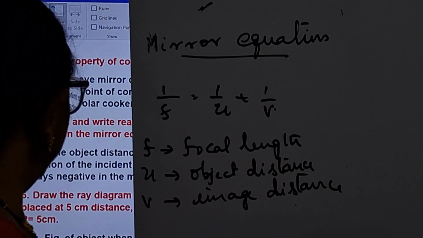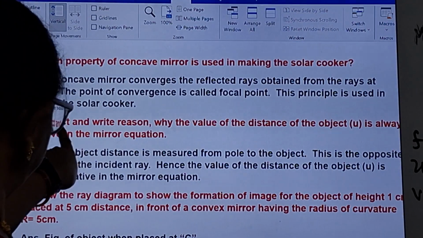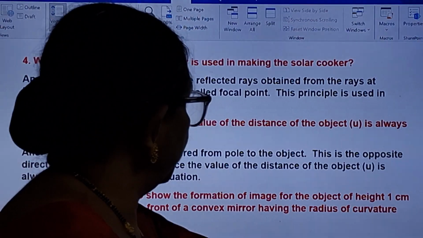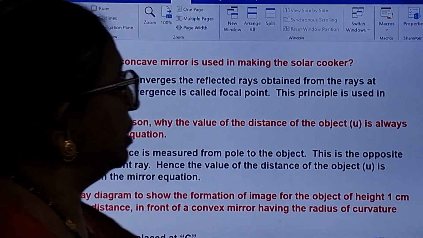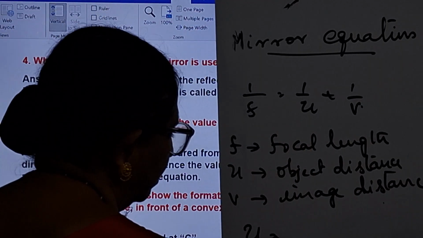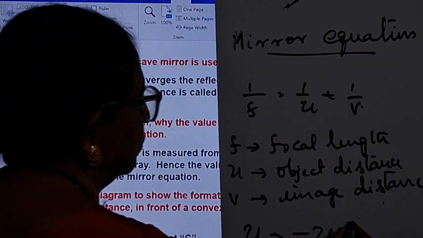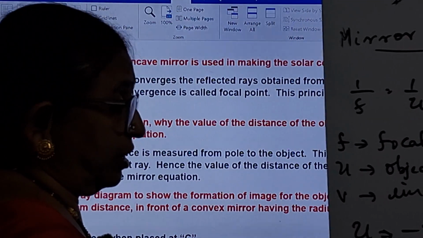You have learned. Now in this question, predict the reason why the value of the distance of the object, meaning object distance u, is always negative in the mirror equation. Here u is always taken as minus u. The question is why are we taking it as negative in the mirror equation?